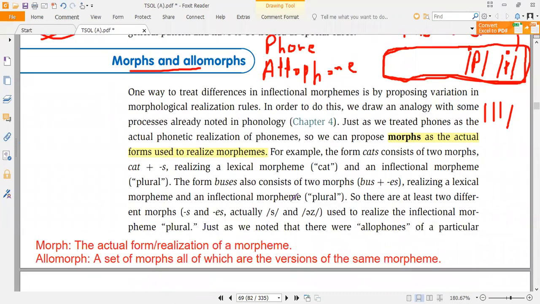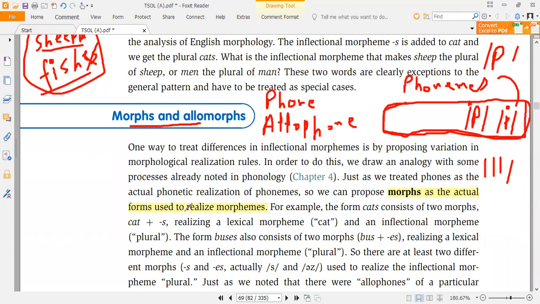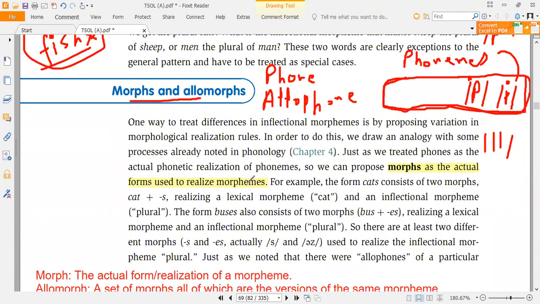In the same way, we have got morph, we have got morpheme, and we have got this allomorph. How? Just as we have got the p phoneme, in the same way we have got the plural morpheme. When I say plural morpheme, what sort of plural morphemes may we have? Come on, plural morphemes.